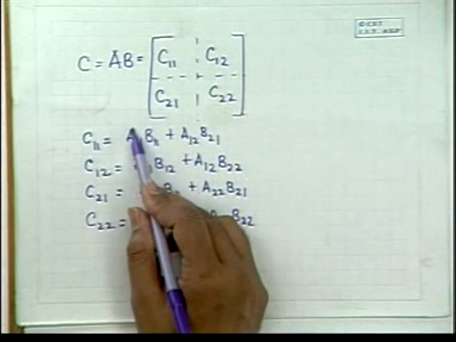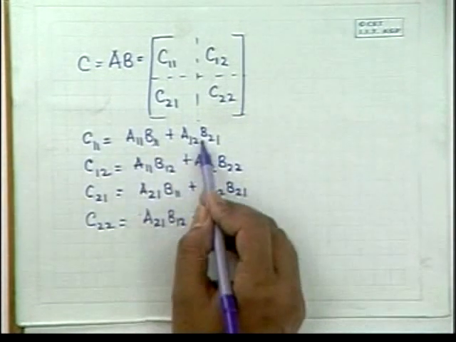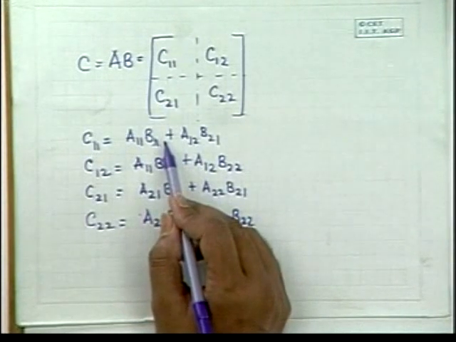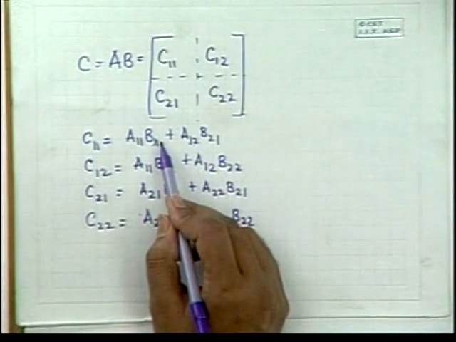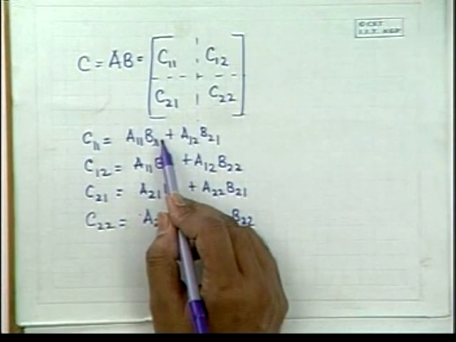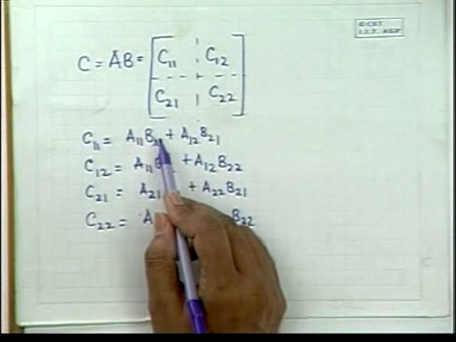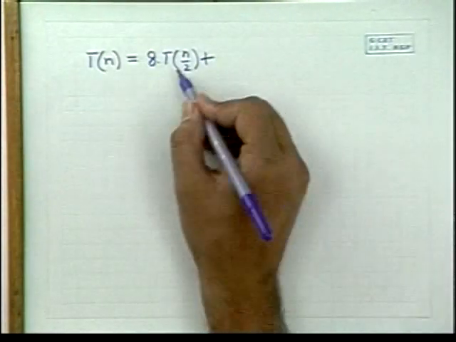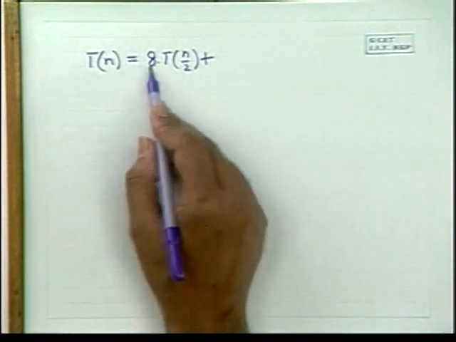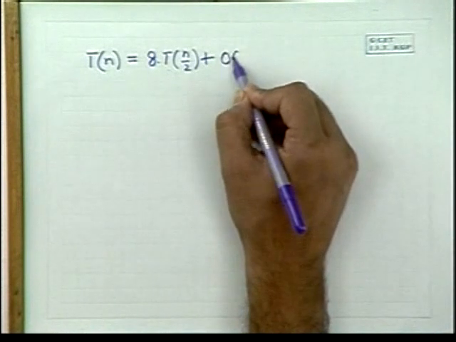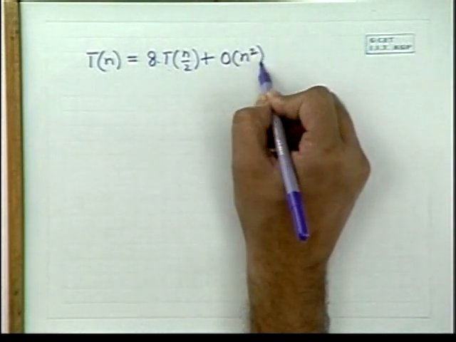Even if we call recursively for this multiplication, we have to do this addition, which is nothing but adding two n by 2 by n by 2 matrices, and that will require how many additions? Order of n square, because it is n by 2 times n by 2, which is order of n square. So the recurrence relation becomes Tn is equal to 8 times T of n over 2 plus order of n square.